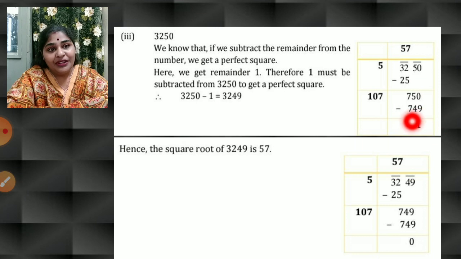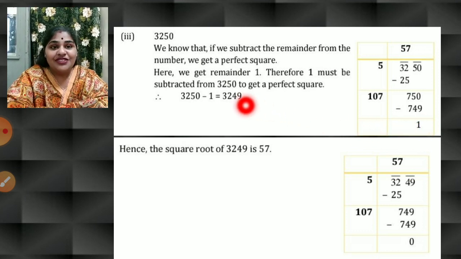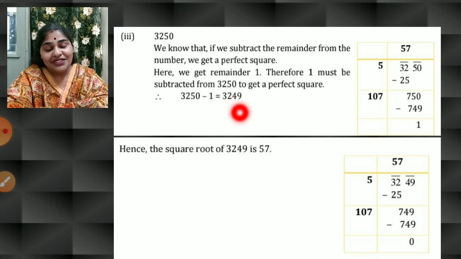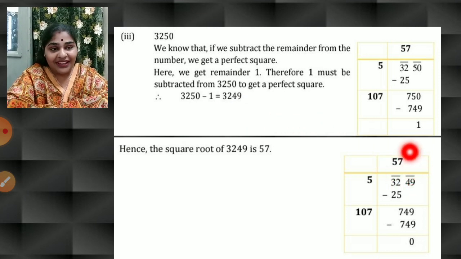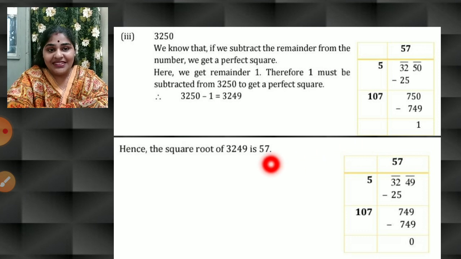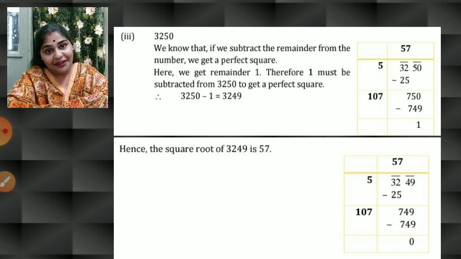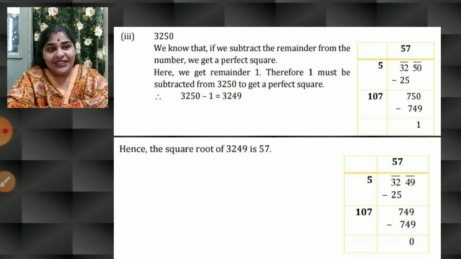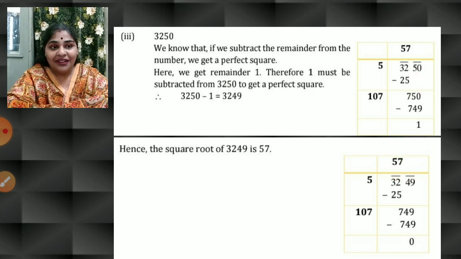So we are going to subtract that 1. 1 is the number which must be subtracted from 3250. After subtracting, we get 3249, and then we will find the square root, and it is 57. So the square root of 3249 is 57. If you notice, children, whatever number you get, that will be the square root. You can check whichever answer you are getting.